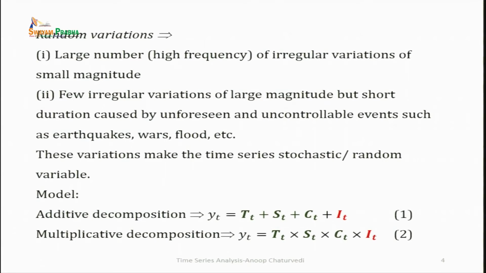This kind of decomposition is called additive decomposition. The second decomposition, which is called the multiplicative decomposition, writes the time series y_t as the multiplication of these four components. So, y_t is equal to T_t times S_t times C_t times I_t.